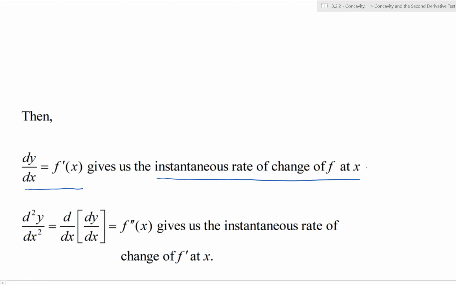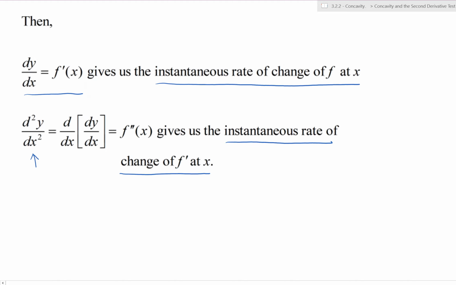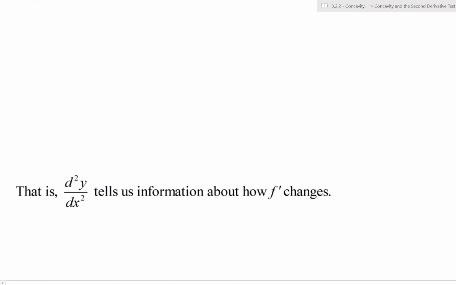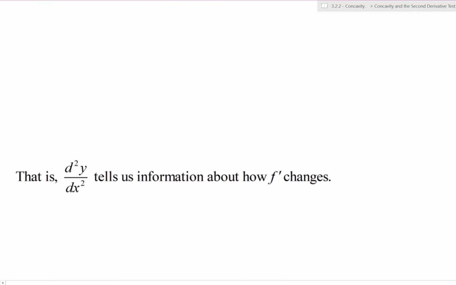However, if I then differentiate that function again and get the second derivative, d squared y over dx squared, or in other words, differentiate the derivative dy dx with respect to x, giving us f double prime of x, that second derivative is now giving us the instantaneous rate of change of the derivative, right? It measures how the derivative changes. And like I said, this second derivative gives us information about how the derivative changes.